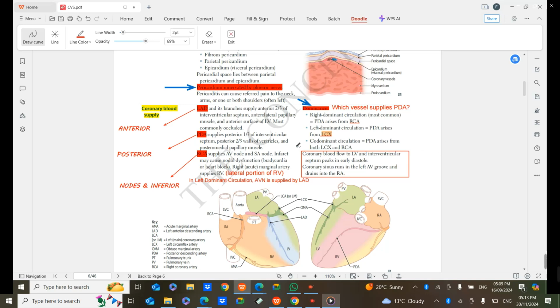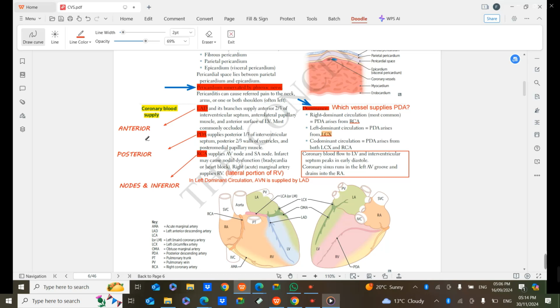So which vessel is going to supply the anterior part of the heart? Your answer most of the time is going to be LAD, the left anterior descending artery. If you look at the name, anterior comes out of it.